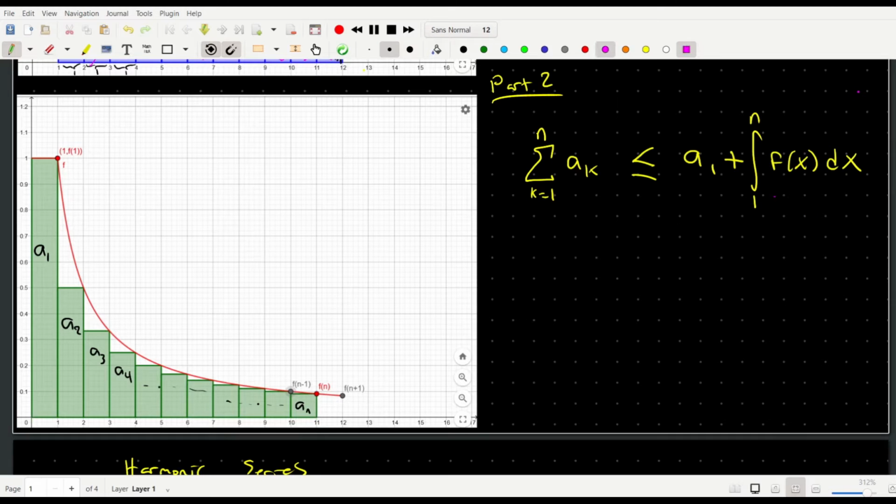Because the improper integral of this function from 1 to n of f of x is going to be all of the area starting at 1 here all the way up to n. So it's all of this shaded area right here. And then we also have to add in that A1, that first term, which is all of this area right here.